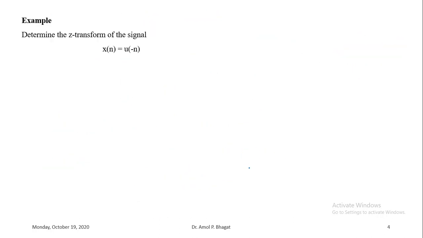We will try to identify the z transform by using the time reversal property. Here the given signal x of n is equal to u of n, and we have to determine the z transform.